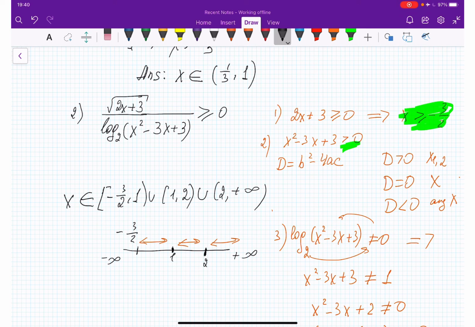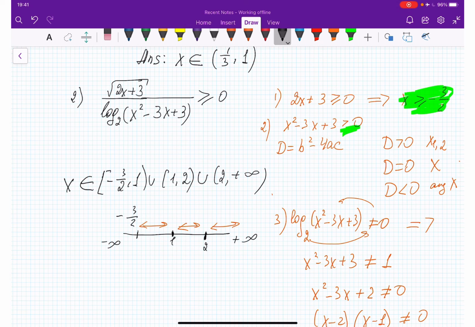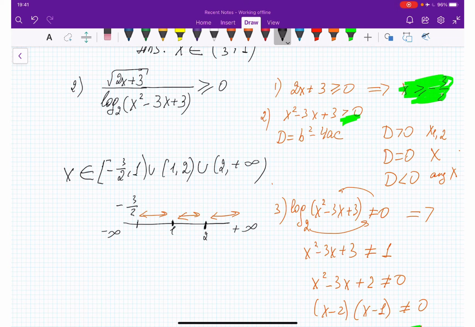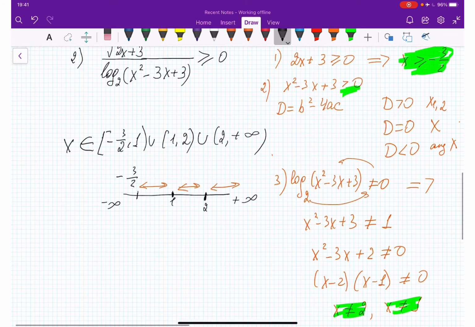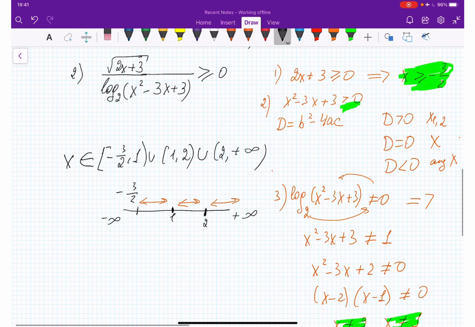From here we can conclude that for this inequality to be valid, we need the numerator and denominator to be positive. Since a logarithm cannot be negative, we eliminate two negatives and it's going to be only a positive logarithm, right? So therefore top and bottom, meaning numerator and denominator, have to be positive.